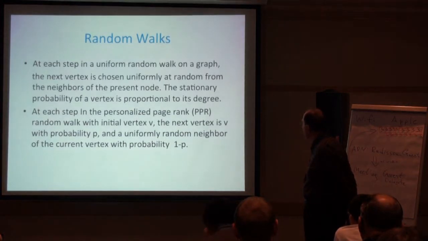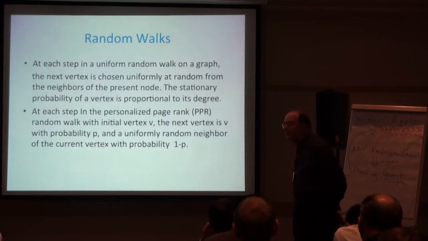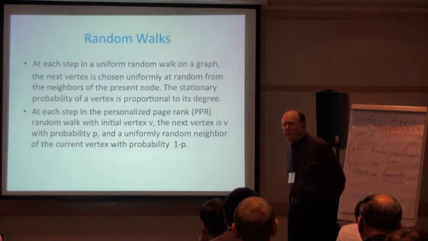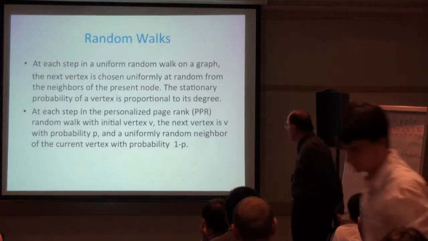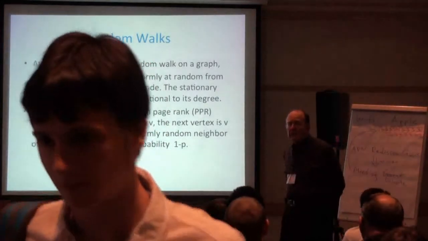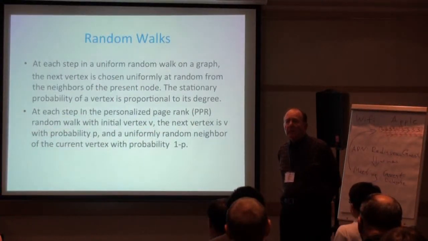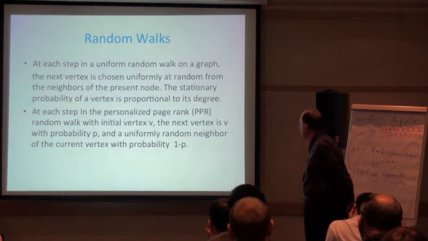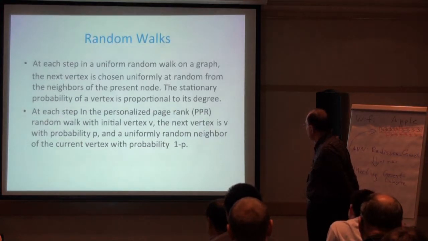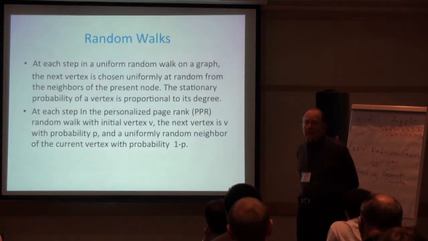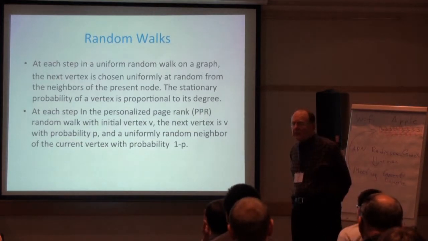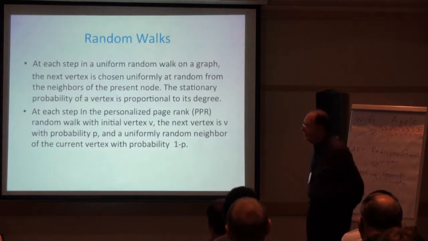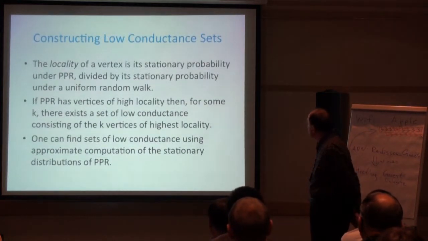In this random walk, it behaves much like the uniform random walk, but with one difference: there's a parameter p, which is the probability that at any given step it'll bounce back to the seed vertex from which it started. That's called the personalized PageRank random walk, and it tends to be more localized in the vicinity of the seed vertex.